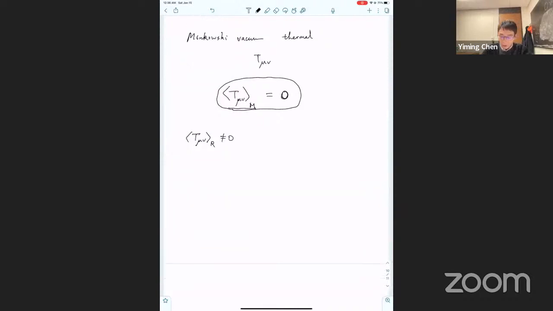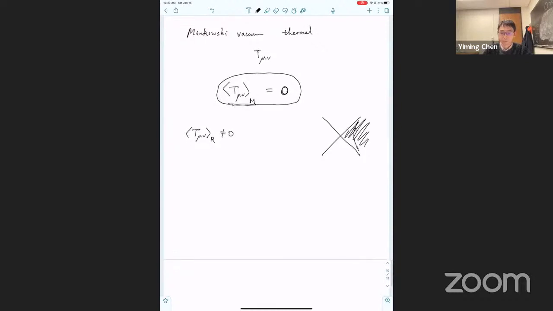But if we are physically an observer that is accelerating in the Rindler wedge, it will not be really physical to subtract the UV divergence corresponding to the Minkowski vacuum anymore. If we really think that we are a Rindler observer, that we really only live in the right wedge, it will be only physically sensible to subtract the UV divergence that corresponds to the Rindler vacuum, okay?